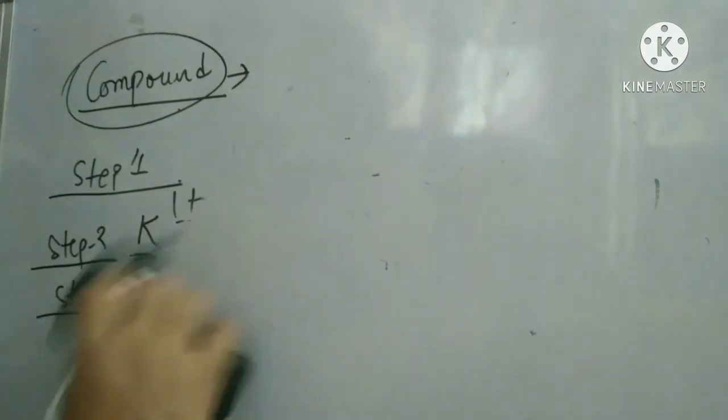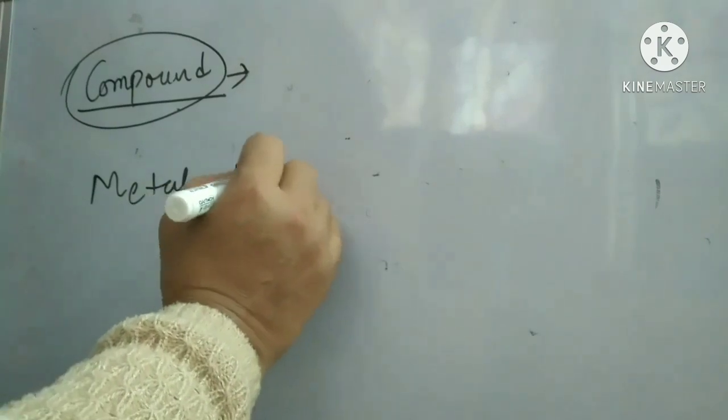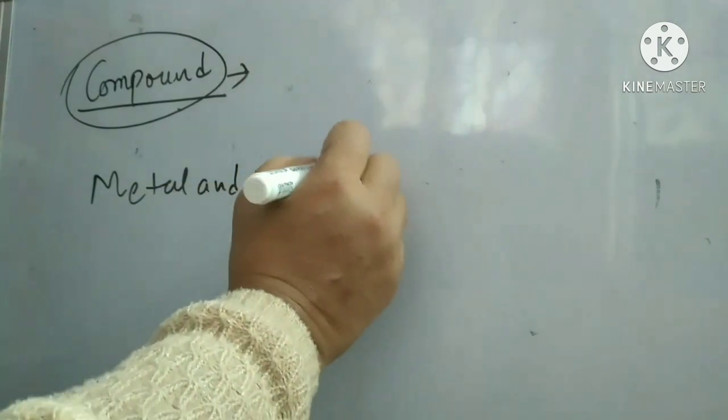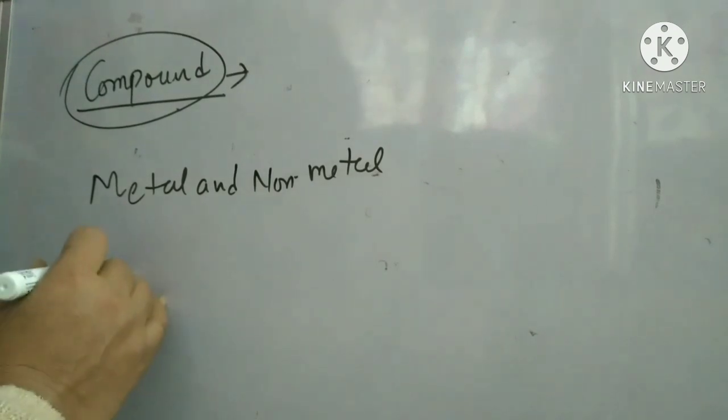So now there are certain rules in naming chemical compounds. If it is a metal and a non-metal, the metal is written first and the non-metal is given the suffix ide, like a compound containing potassium and bromine.